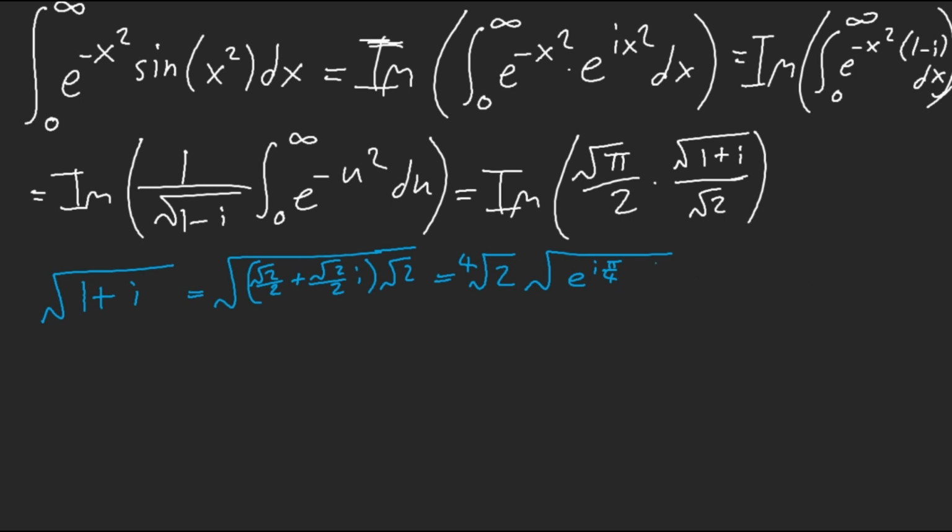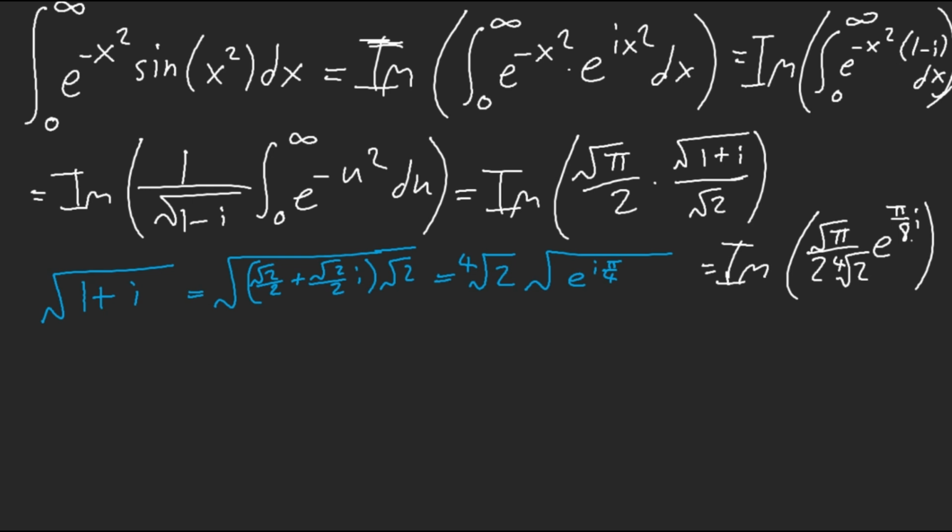And now what we have is the imaginary part of, let's see, this would be square root of pi over 2, fourth root of 2, and then e to the pi over 8i. Okay? So the imaginary part like that. Alright, disgusting, I know, nasty.